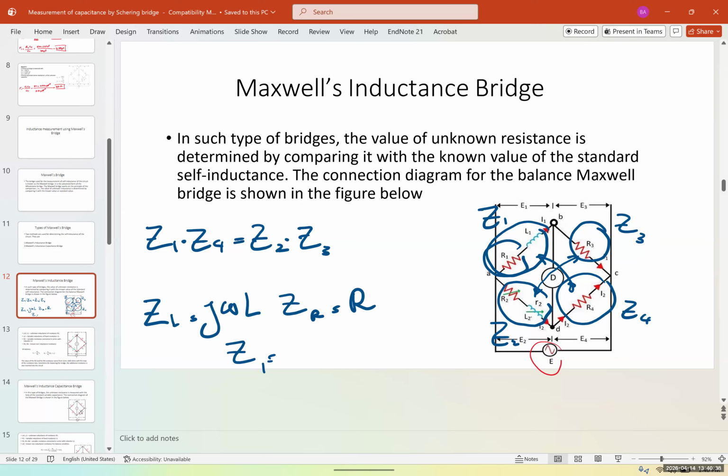It's going to be the impedance of ZR1 plus ZL1, because they are in series. So it's going to be R1 plus J omega L1. And we can do it the same way for R3, R2 and L2 and R4.